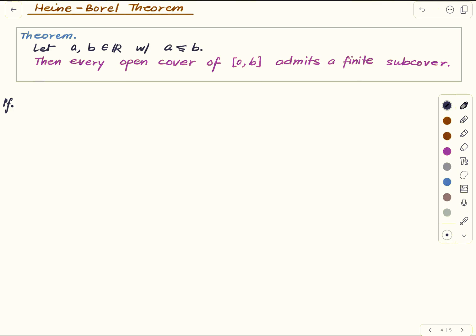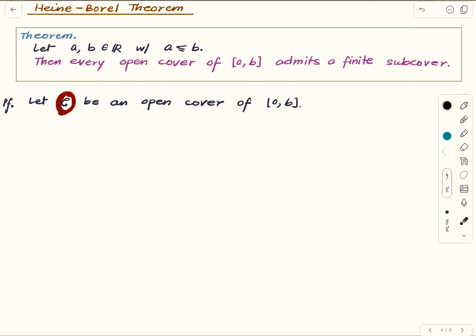The proof is not very hard to follow, but the technique is quite interesting. It is basically a form of mathematical induction, or the well-ordering principle, if you like. So let's fix an open cover of the closed interval. And we want to show that there is a finite subset of C which covers the closed interval.